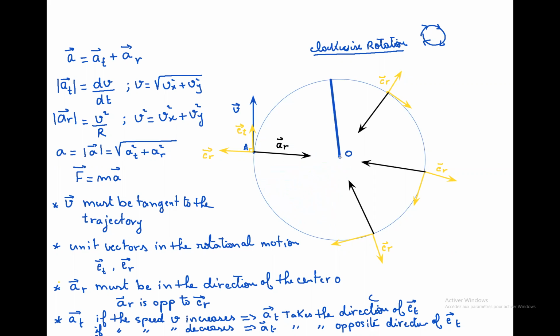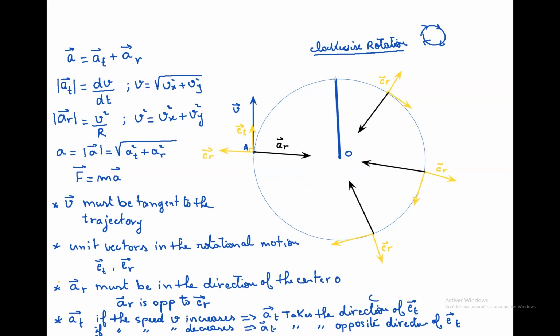Maybe you arrive here at 2. It's not equal to 0. Maybe it's equal to 0, but I take the case where the ball continues to move to the other side. So here we have the initial velocity, and between the bottom and the top, the speed decreases, to arrive at the top of the circle where the speed is minimum.